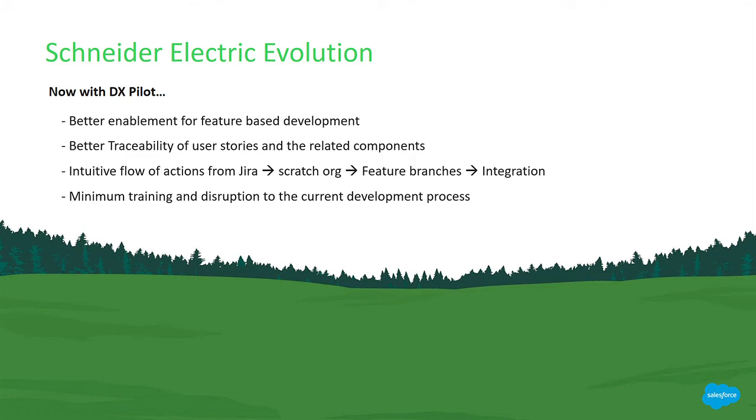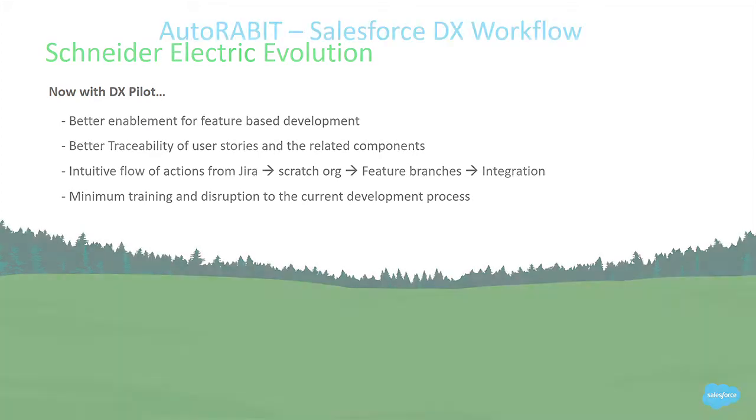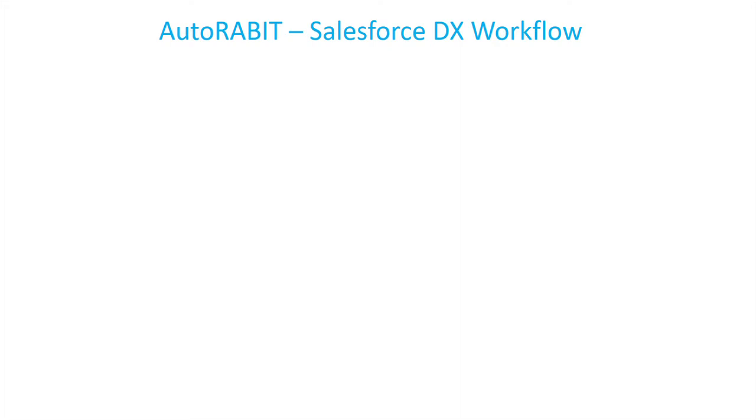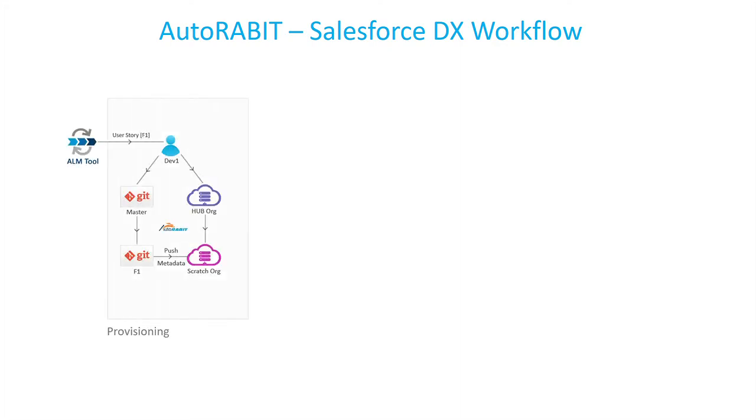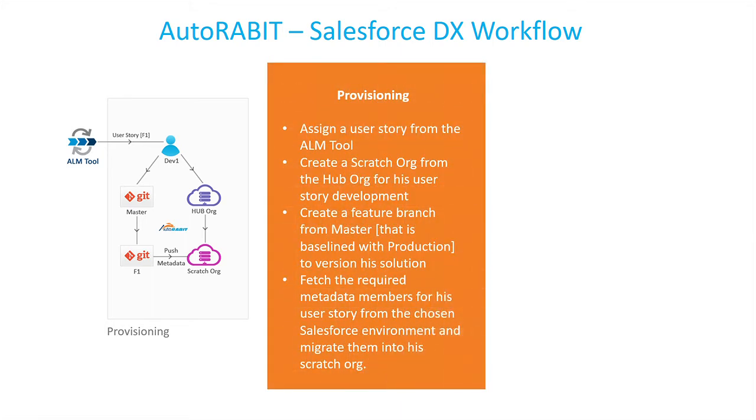What we are doing with DX now is we will be able to take a user story from Jira and map that to a scratch org, which is then mapped to a feature branch in Git.